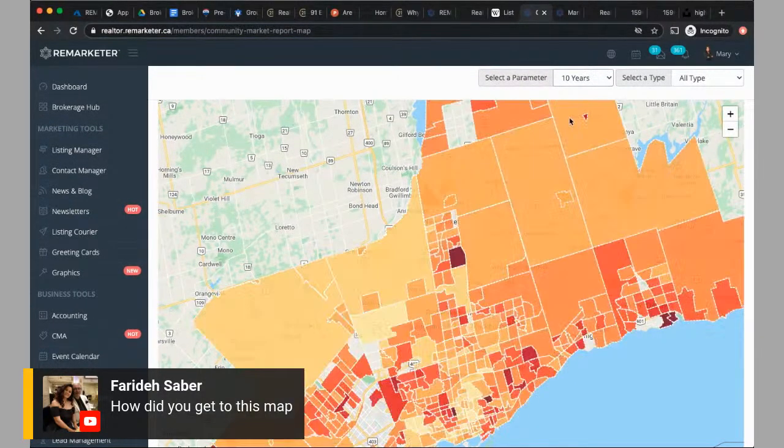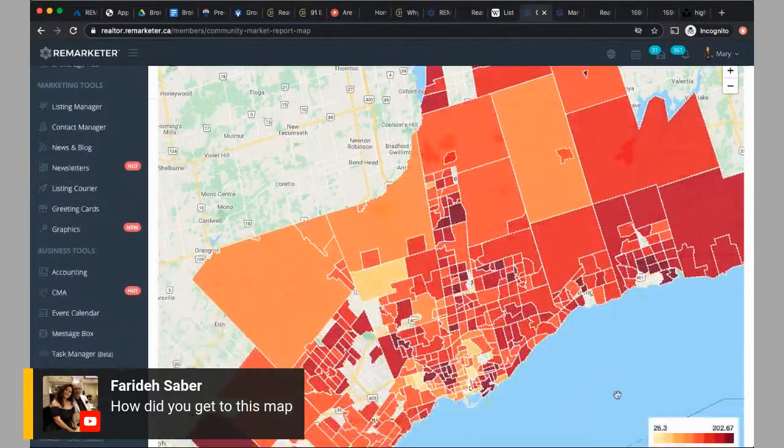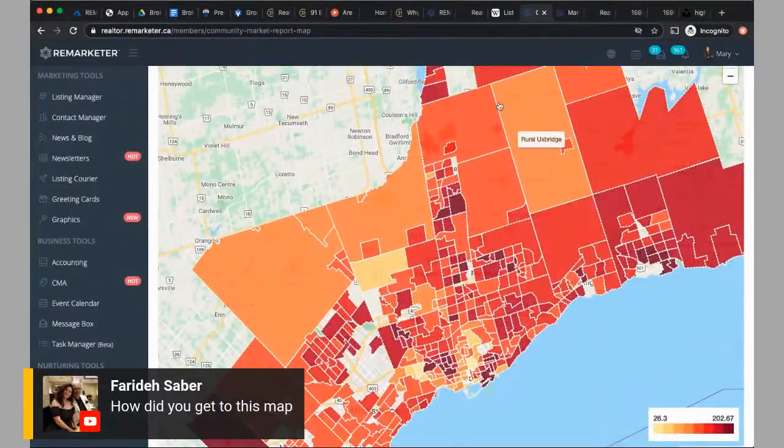So 10-year growth, there we are for, let's say, detached properties. So we can see how much growth we've had over the past. The least was 26%, these guys right here, and the max was 200%, these guys right there, down here in the core. So all those areas can be seen.